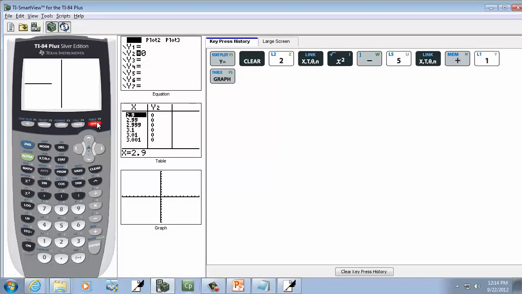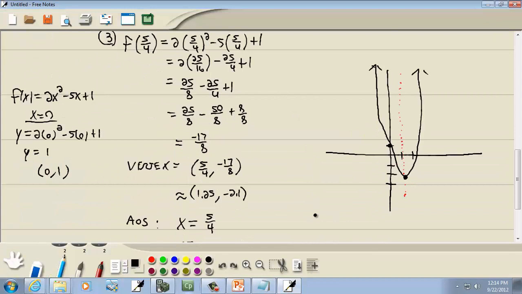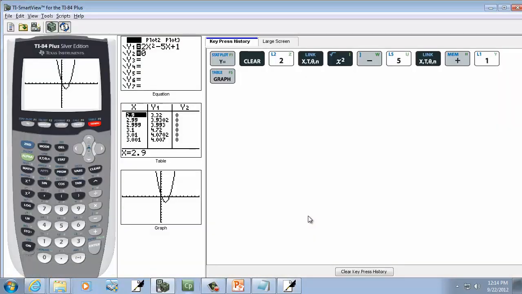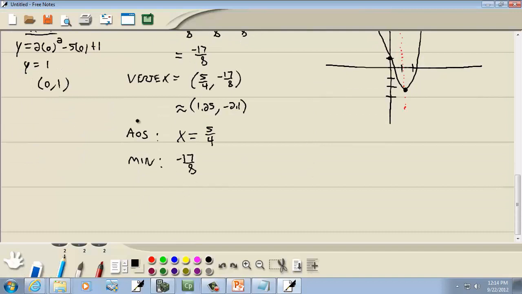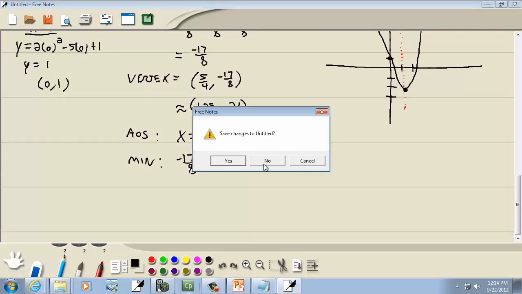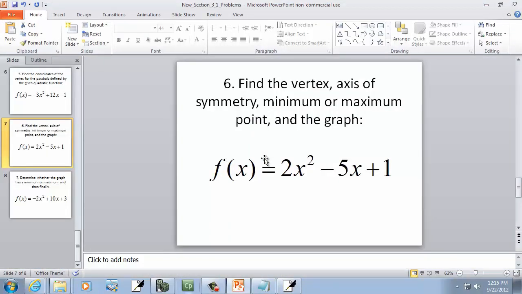And then graph. And that's what mine should have looked more like, but I think you get the idea on that. But anyway, that's our answer. Let me start a new page here. We're actually going to come back to that problem after I work the last problem.